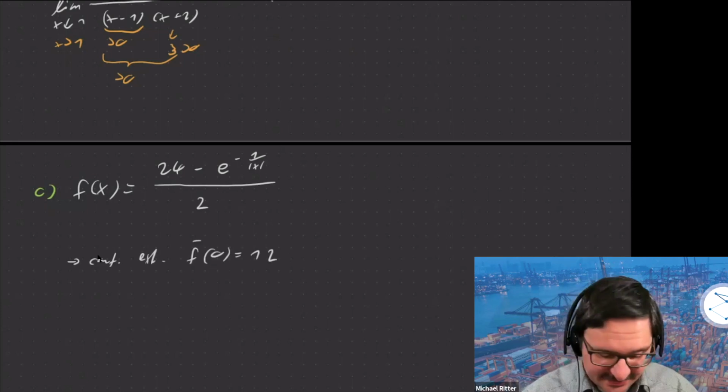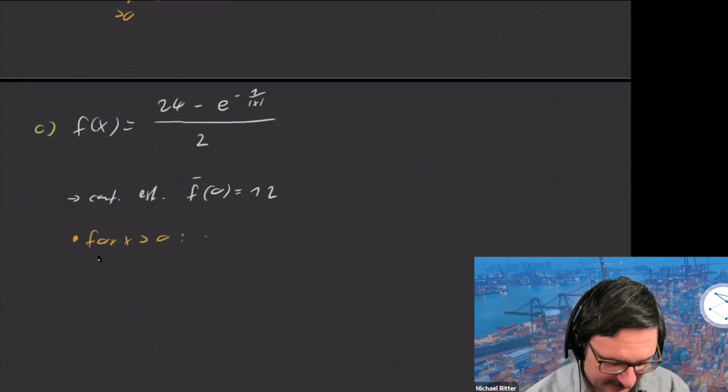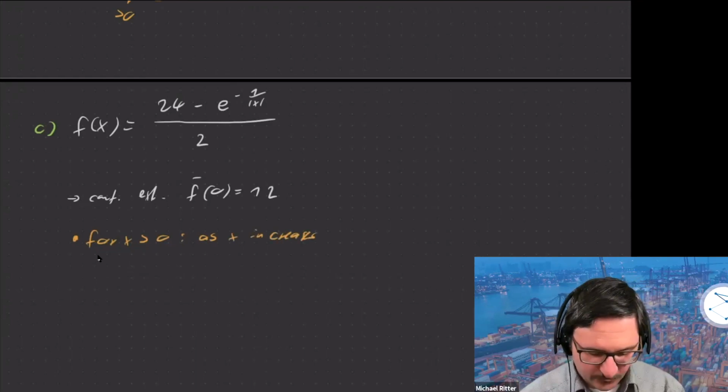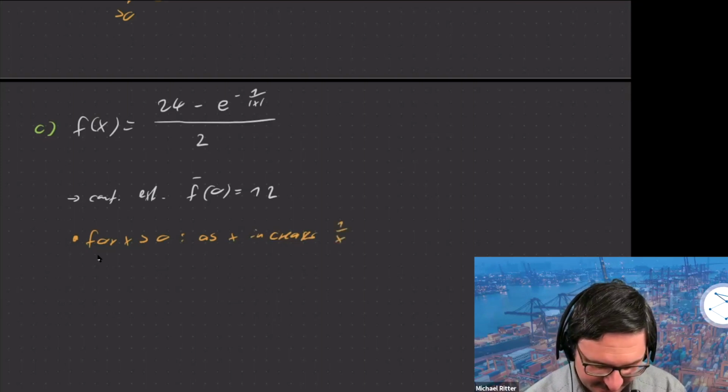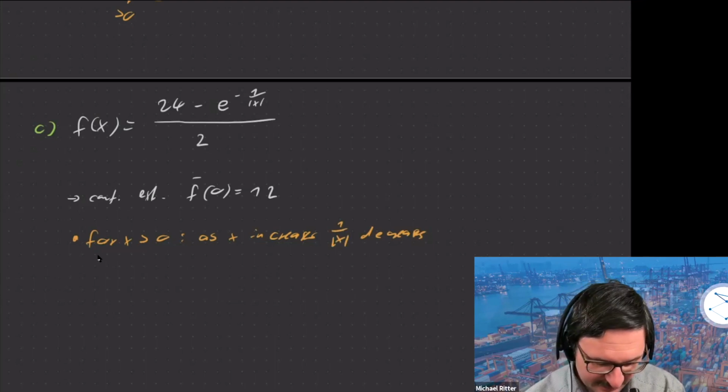And now if x increases, so this first point we should look at for x positive, as x increases, we can make the argument that 1 over x decreases, and then of course also 1 over the absolute value of x decreases. And in particular, as x tends to infinity, that will tend to 0. So the limit of 1 over absolute value of x for x to infinity tends to 0.